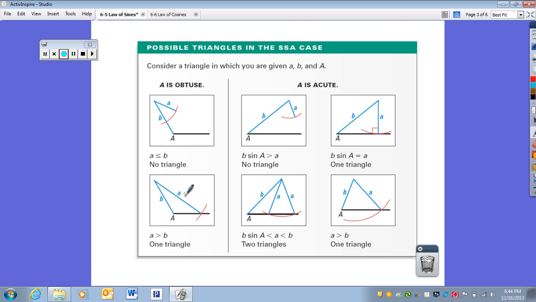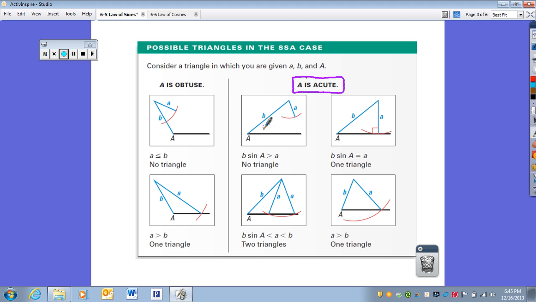But if side A is greater than the other measurement that we're given and it is an obtuse triangle, then we know that it is something we can solve and we would have one triangle. Now on the other hand, if angle A is an acute angle, then these are some of the tests that we can use to figure out if it has possible measurements, and we can finish solving.